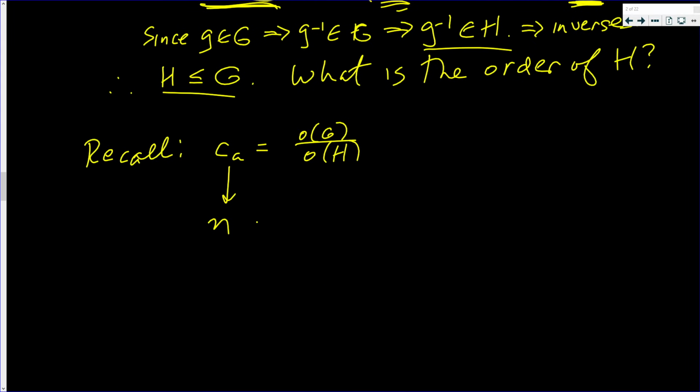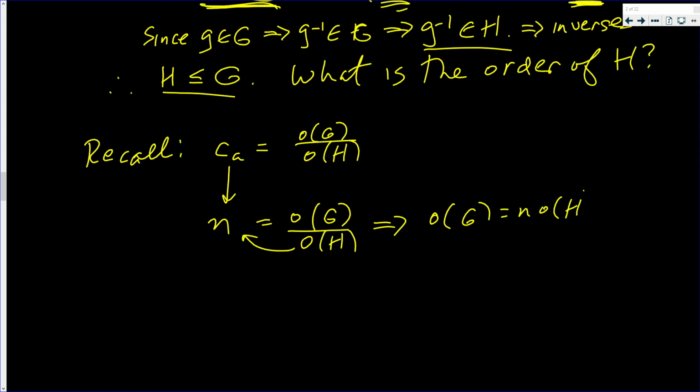And that is going to equal the order of G over the order of H. Well, that implies that the order of G is N times the order of H. Okay, we are winding down, folks.